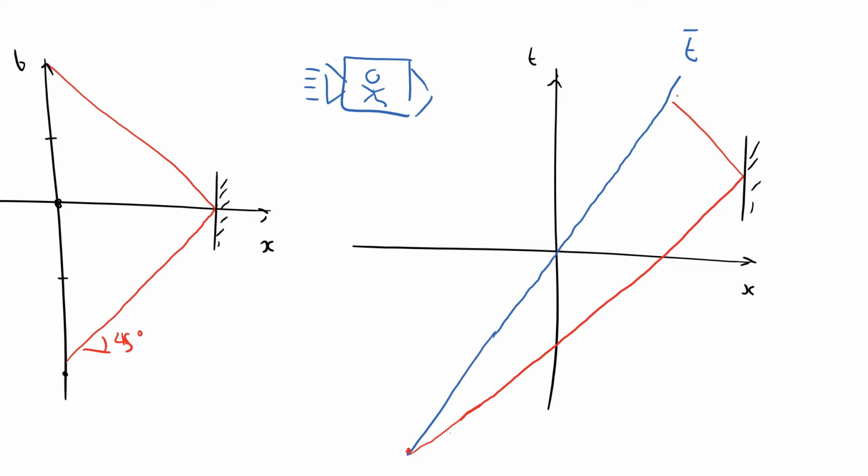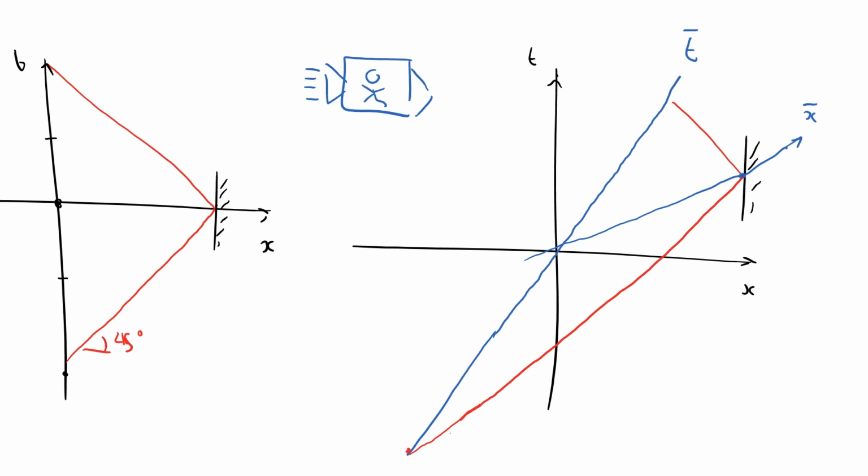So we can see straight away that the situation is a little bit different in the blue person's perspective, because when he starts to draw his space axis, it will go through the origin, but it will also go through this reflection point here, x bar.